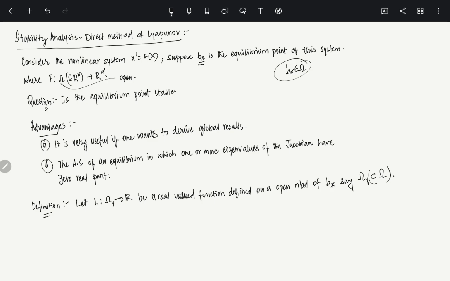Since omega is open, around any point you can talk about an open neighborhood. So omega 1 is a neighborhood of B star, and we are defining the function L on that neighborhood, and it is a real valued function. What are the properties?